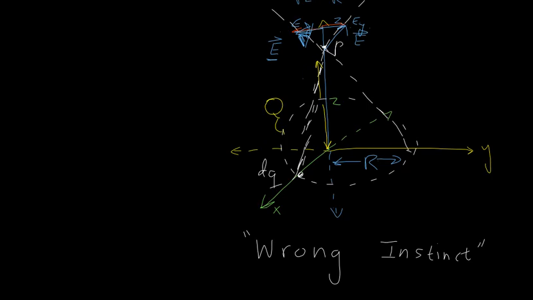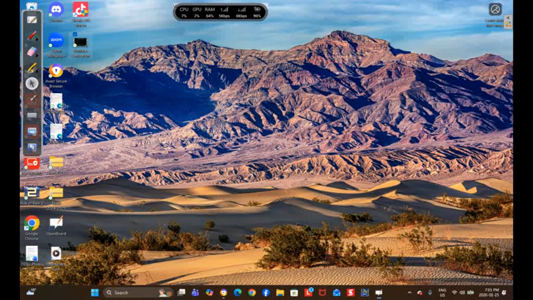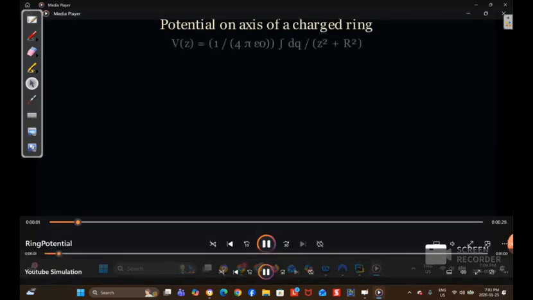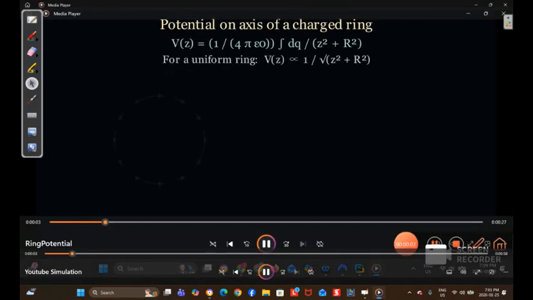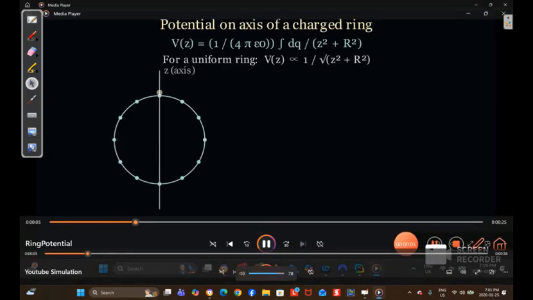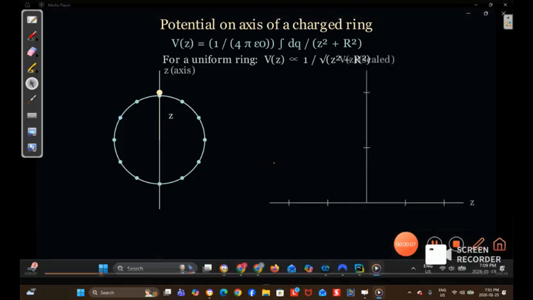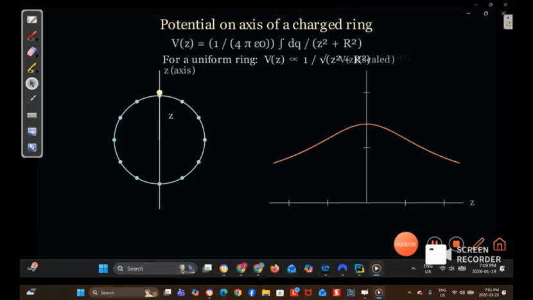This is a three-dimensional projection of what's happening to our continuous charge distribution of the ring. Let me show you really quickly what is happening in a two-dimensional projection so you can see it from a panoramic view. In my model here, we have a potential on the axis of a charged ring.